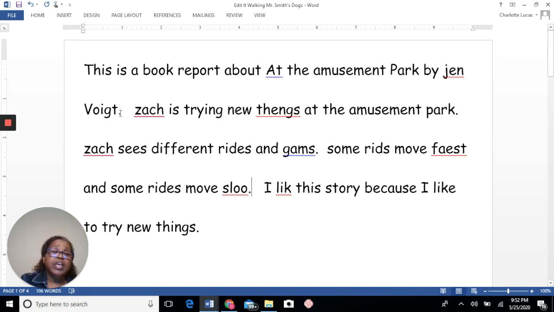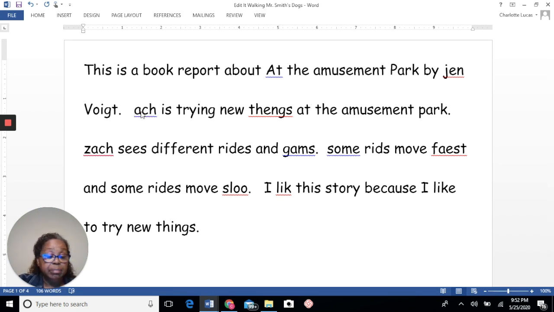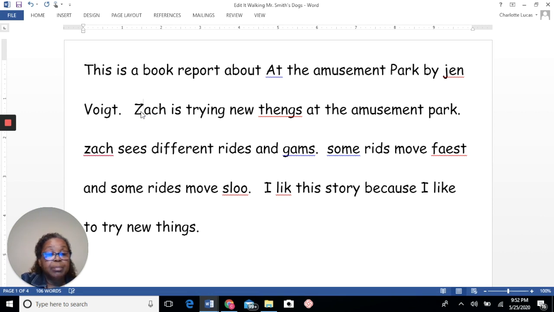Now, if we have a period, the next word is the beginning of a sentence. So wherever there's a period, wherever there's a punctuation, we can make the next word capital because it's the beginning of the new sentence. And in this case, it is also someone's name. And everybody's name begins with a capital letter.